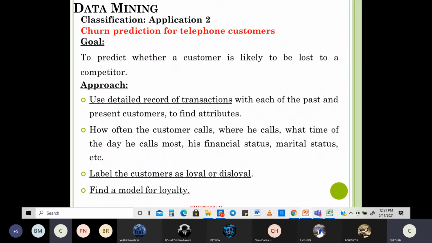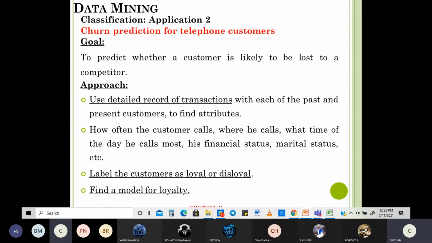Then you complain that you are not getting a proper offer, you are not getting proper signals, something like that. They will not say, okay, fine, you switch. They will come up with a solution: we are going to provide this, we are going to do this, because no one wants to lose a customer. Every customer counts, every operator counts.